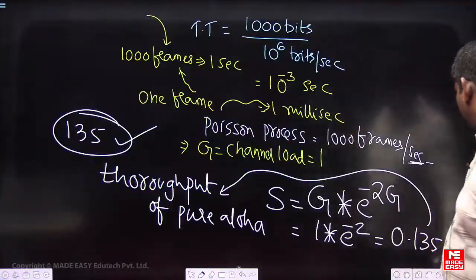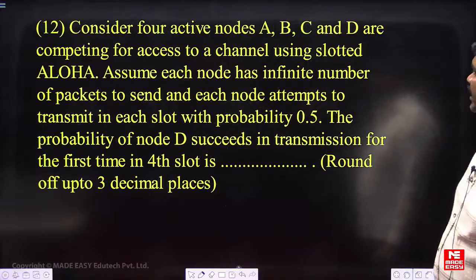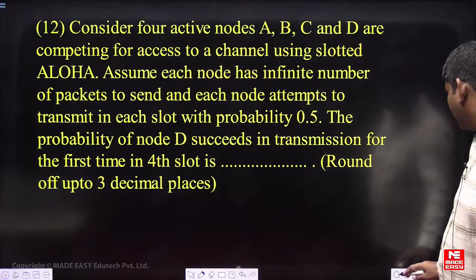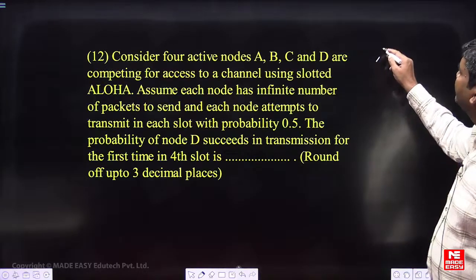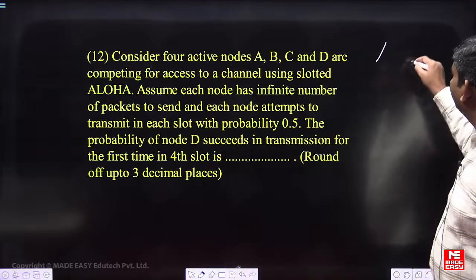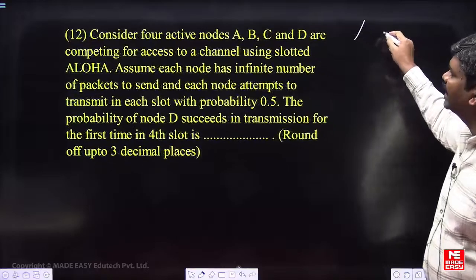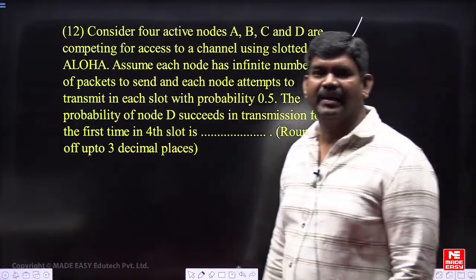So you can try the next problem in it. This is also a MacClear problem you have taken. Read every word in it, so you will get a clear idea what exactly they are asking.